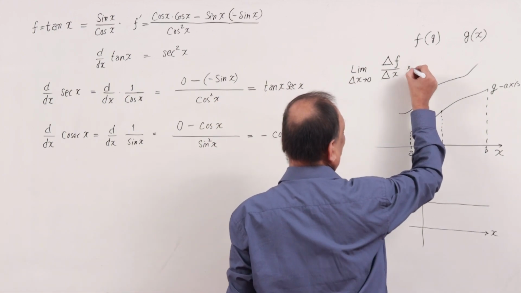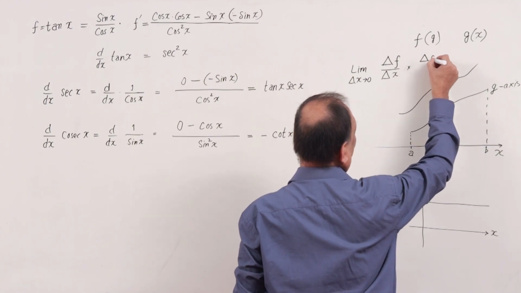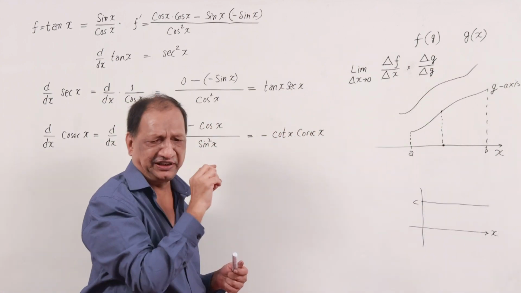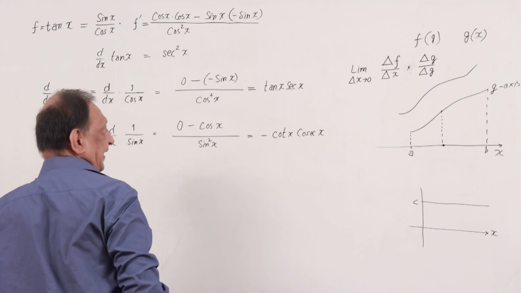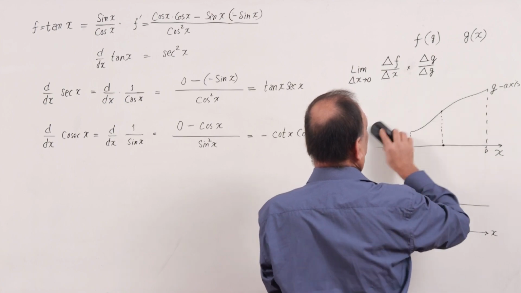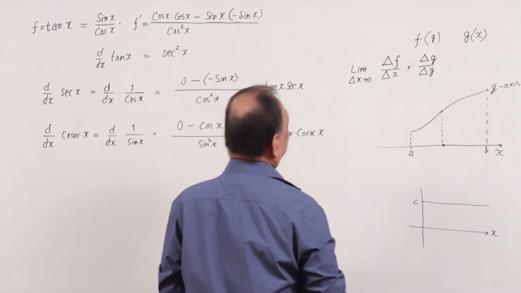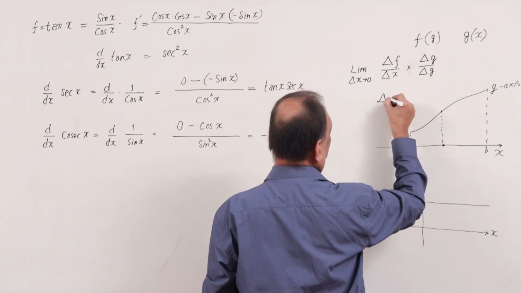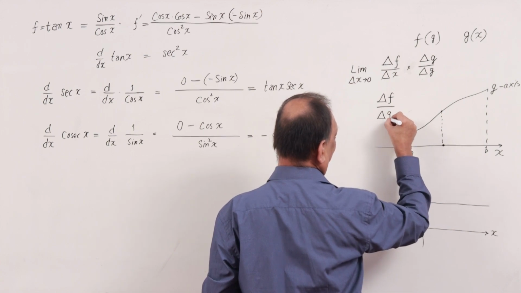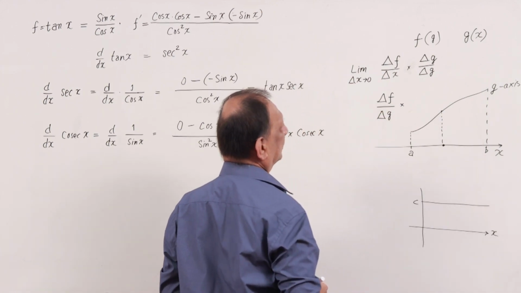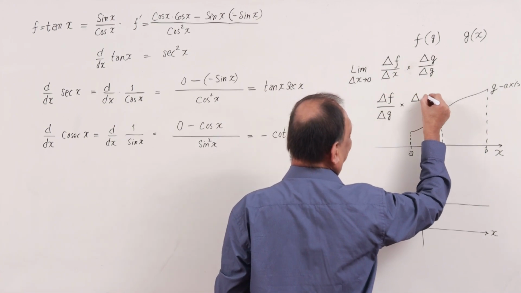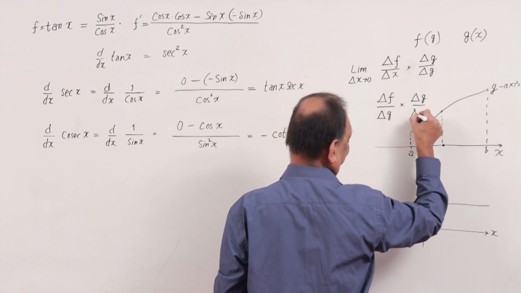So I can multiply this by delta g by delta g, which without loss of generality, because both are tiny quantities, is 1. 1 is a fraction. We just have to rearrange these 4 factors here. I can write this as delta f by delta g, that means I have taken this delta g below delta f, multiplied by delta g by delta x. Same.